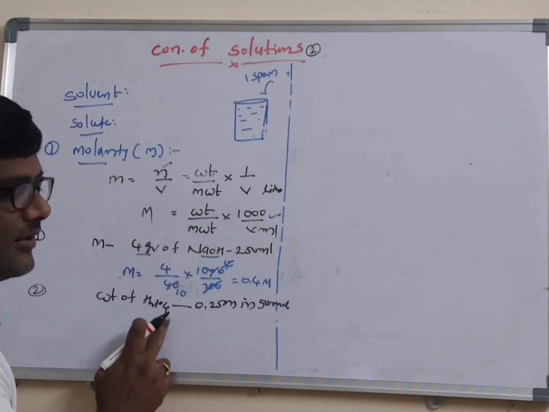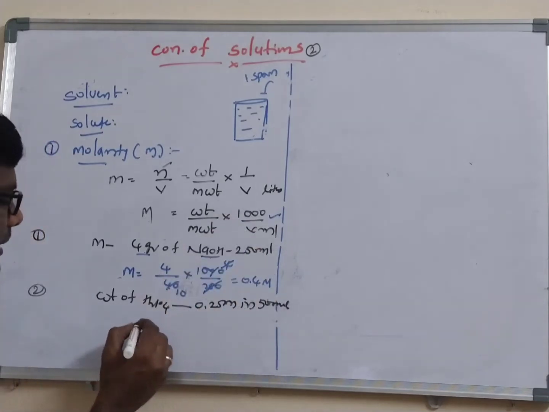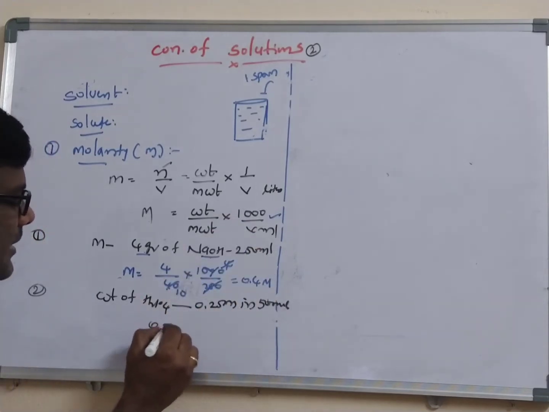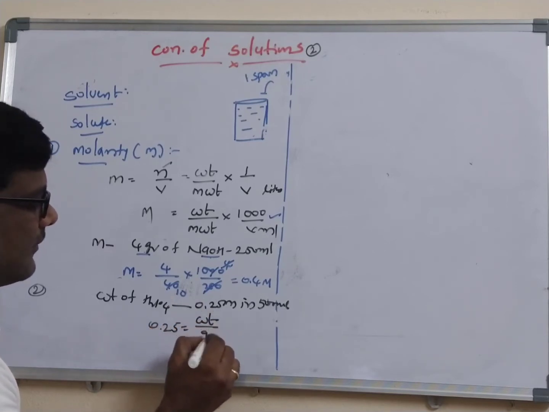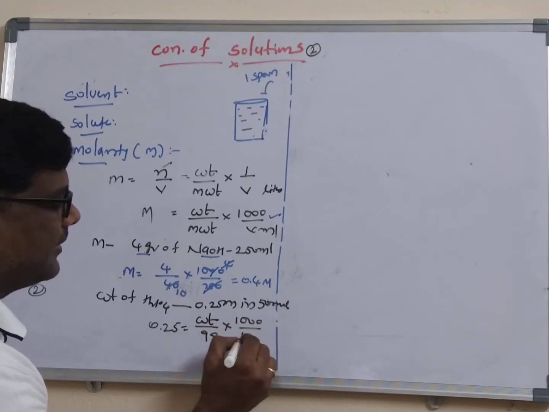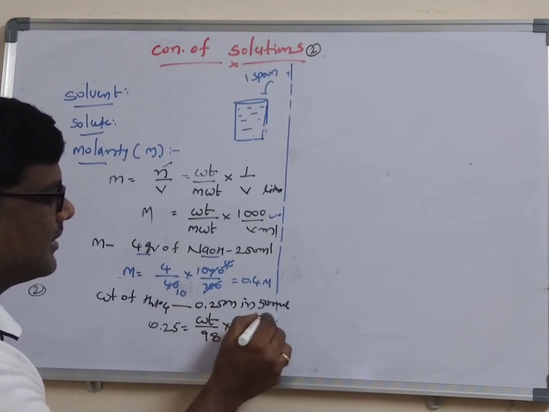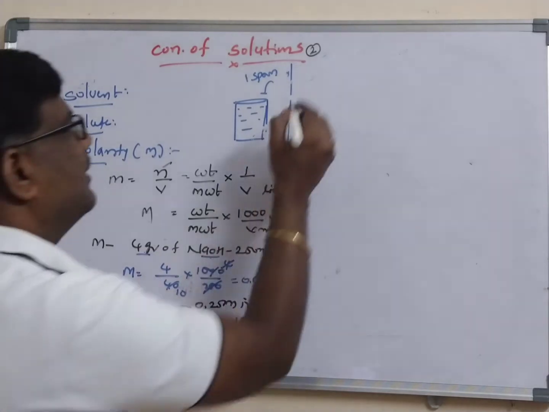Molecular weight of sulfuric acid, again you are familiar, is 98, and V is 500 ml. So M is equal to 0.25, weight you have to calculate, molecular weight is 98 into 1000 divided by 500. Since you have to calculate weight, the remaining terms go to the other side.